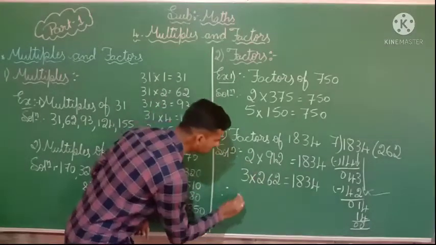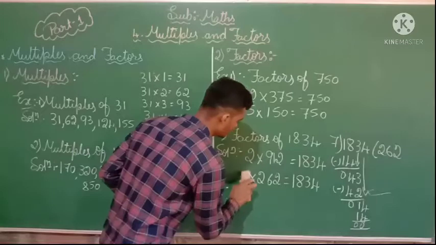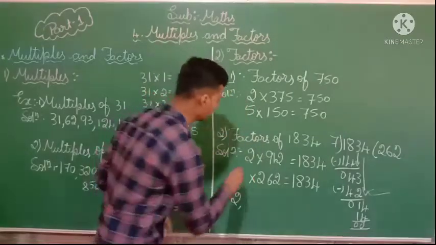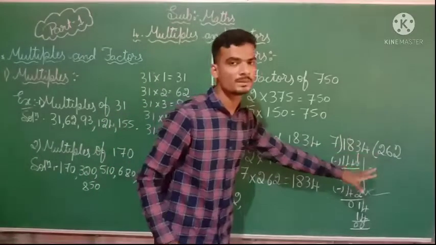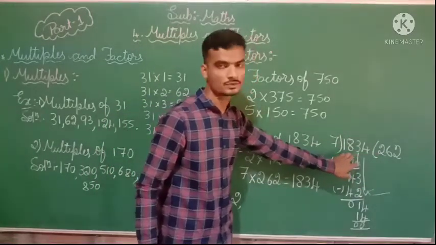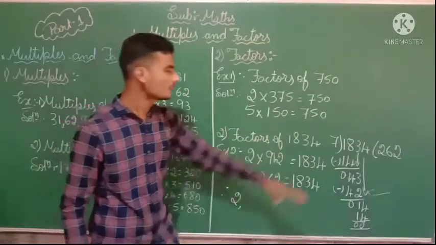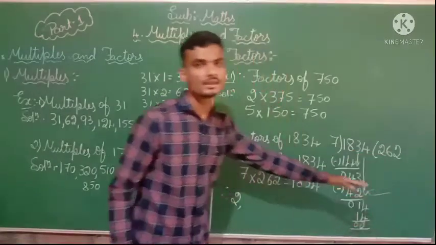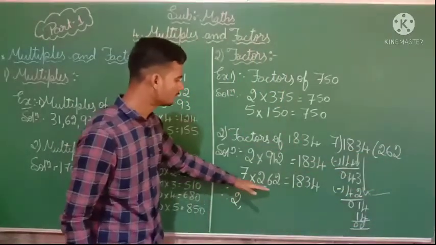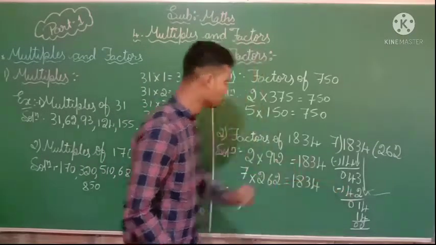Therefore 2, and here 7, not 3, only 7. 3 is not going to divide this number completely. So I have not taken 3, 4, 5, 6. Directly I have taken 7 because 7 divides this completely. So 7 into 262 is equal to 1834.